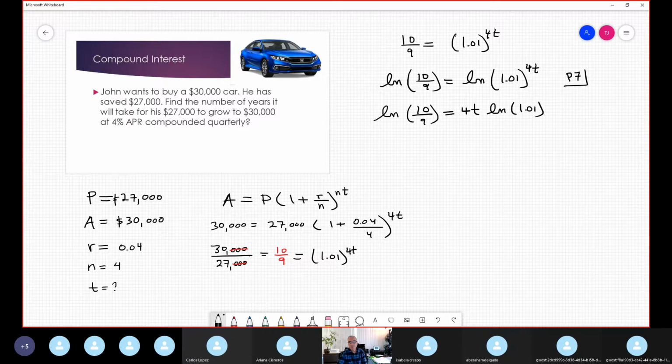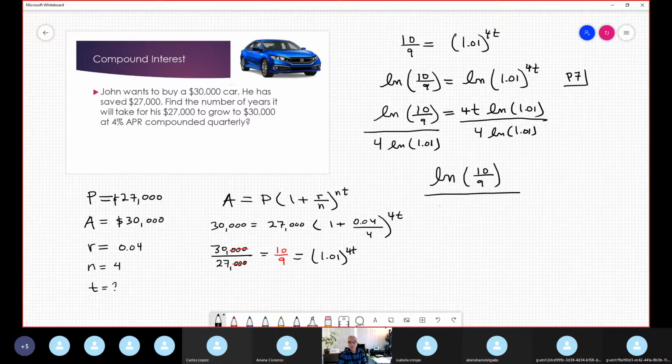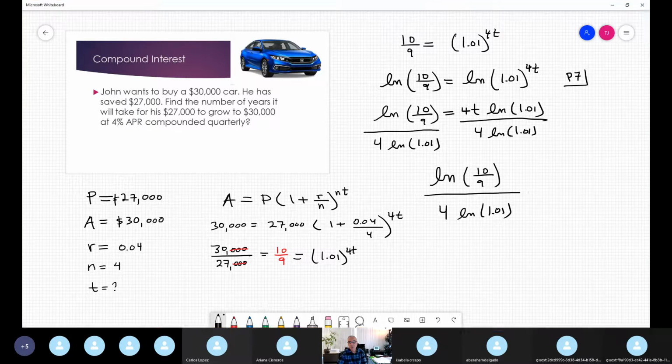How am I going to isolate t? You divide both sides by 4 ln 1.01. So my answer is ln of 10 over 9, divided by 4 times ln 1.01, equals t.